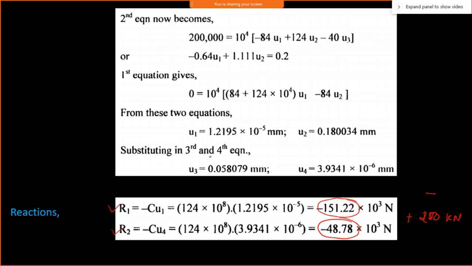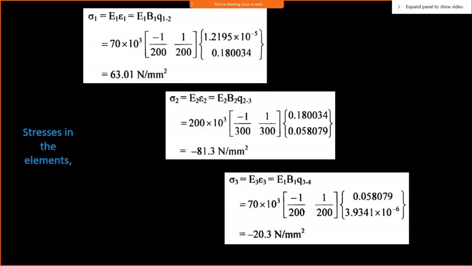Another thing you can determine is the stresses also. For element number 1, you can get a stress value of 63. For element number 2, we get a stress of minus 81 something. It is compression, because you can just look at the construction of your entire elemental equations. Force is applied at this one, so obviously this will be in tension.